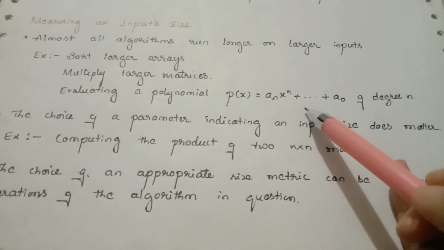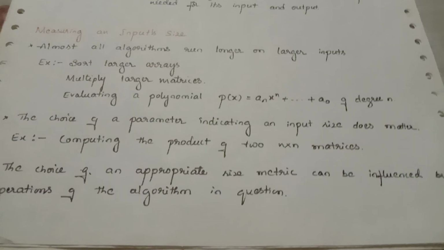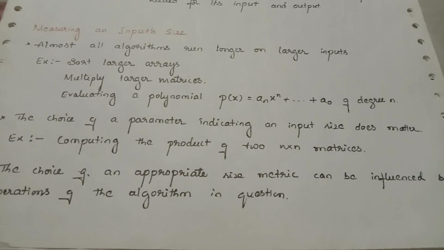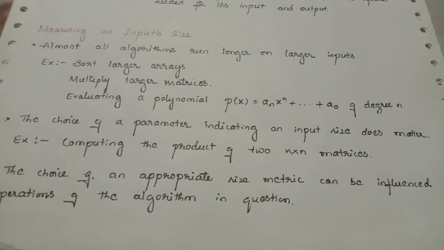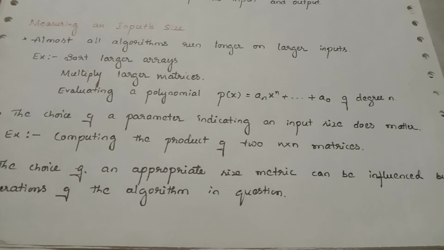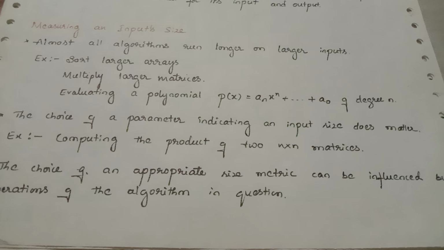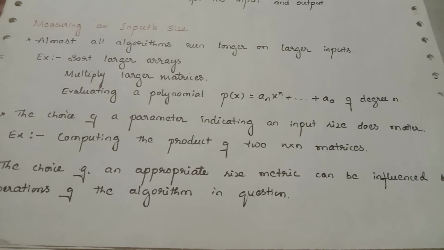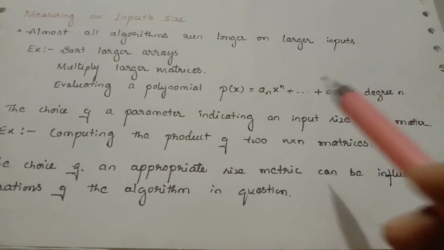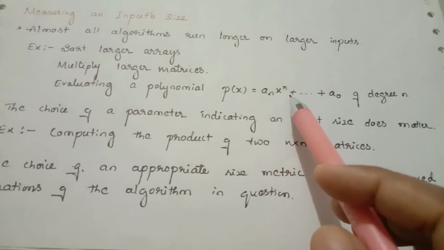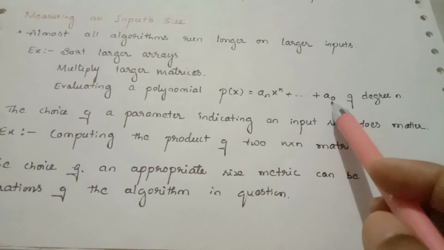So in this polynomial you can see that this is of degree n. So it will be the polynomial's degree or the number of its coefficients. The number of coefficients are a of n up to a of 0.